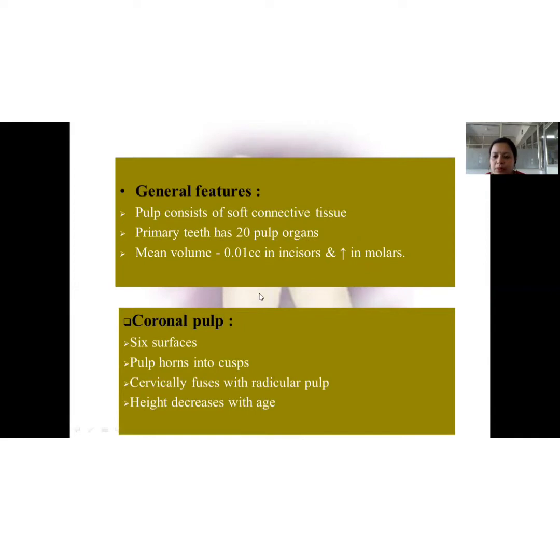Now, the coronal pulp, the pulp that is present in the crown area, basically has six surfaces, namely buccal, lingual, mesial, distal, the floor of the pulp, and the roof of the pulp. And pulp horns terminate in the buccal tip. Cervically it increases with radicular pulp, and the height of the coronal pulp decreases as the age advances.